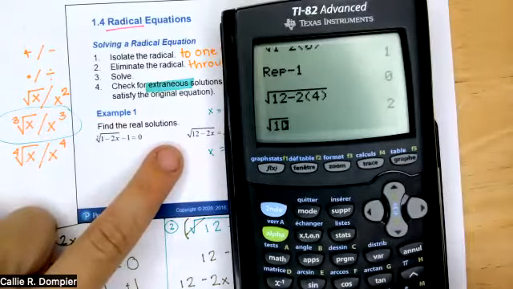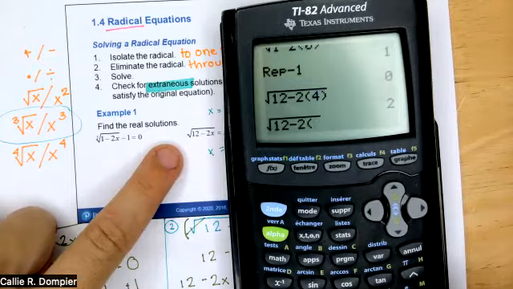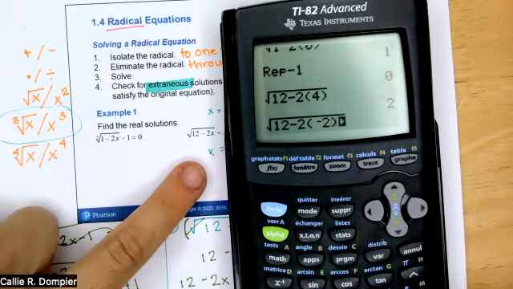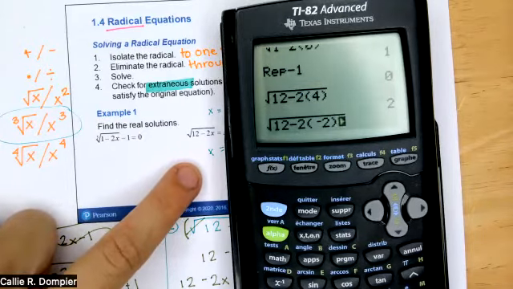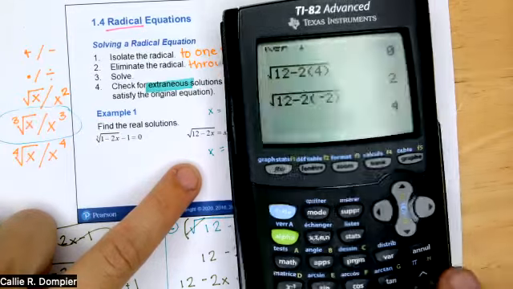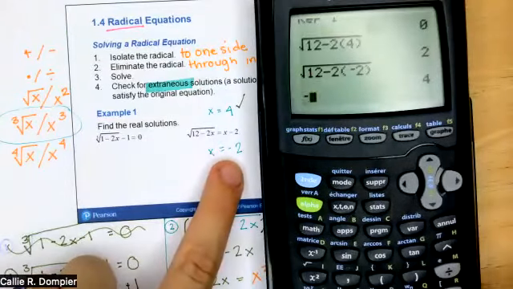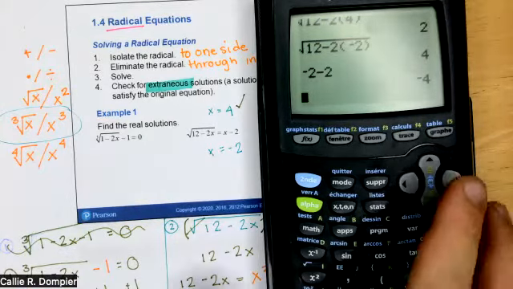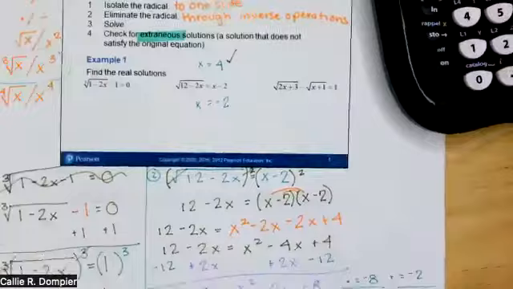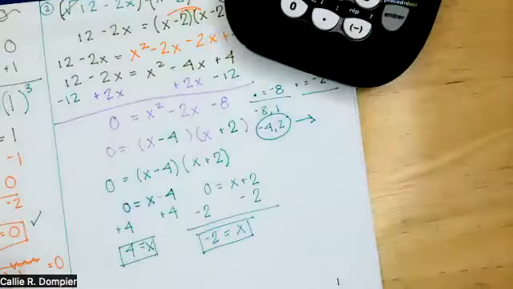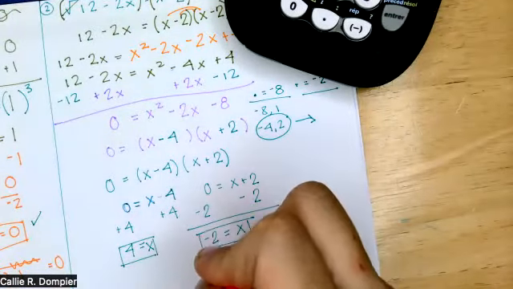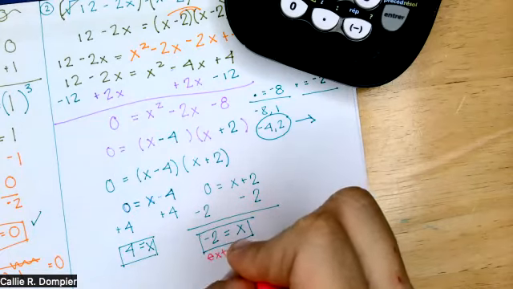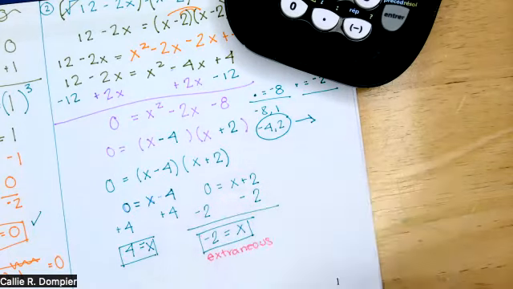With negative 2, we have 12 minus 2 times negative 2, which is 4. Negative 2 minus 2 is negative 4. So that is an extraneous solution. You would only want to write x equals 4.